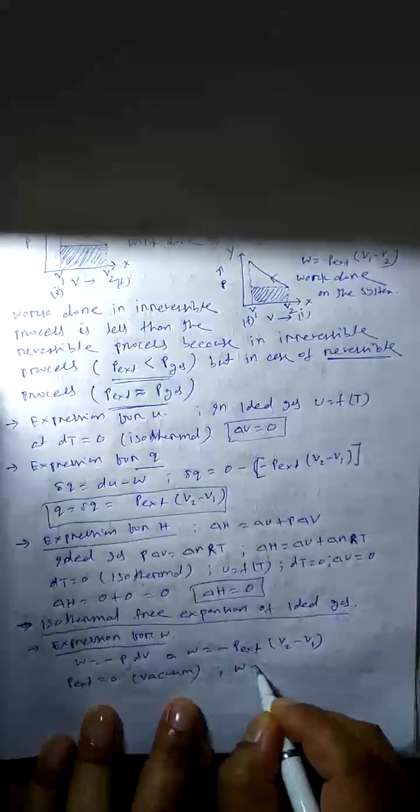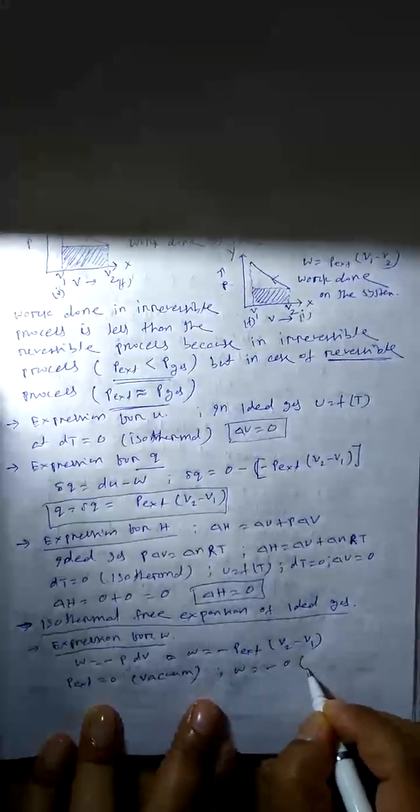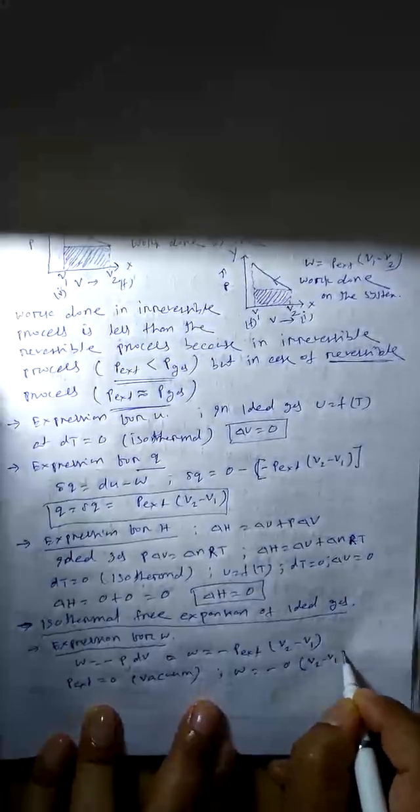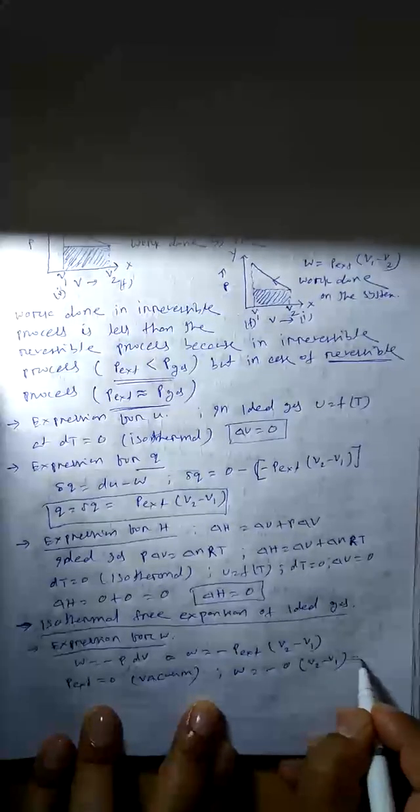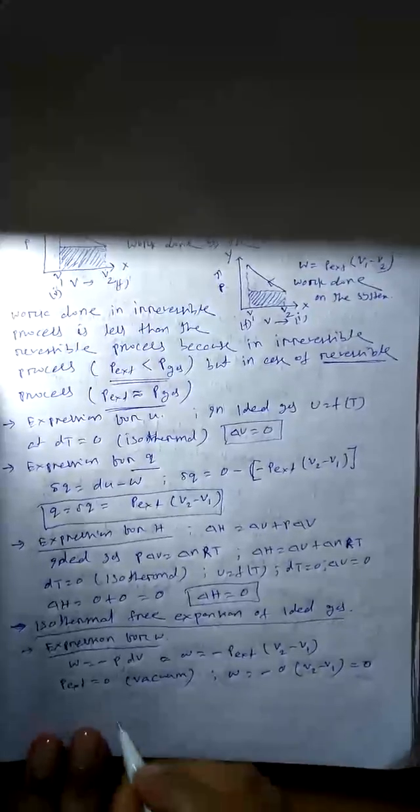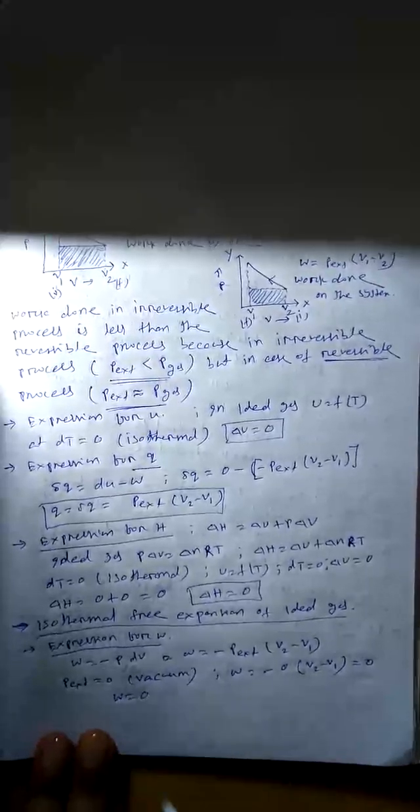When external pressure is equal to 0, substitute this value here. Then W is equal to minus 0 into V2 minus V1. When you multiply with 0, the value is 0. So work done is equal to 0.